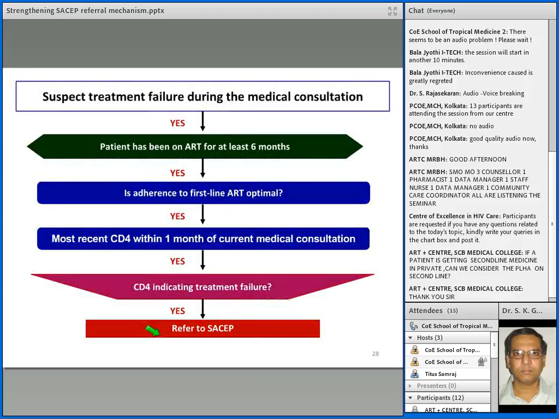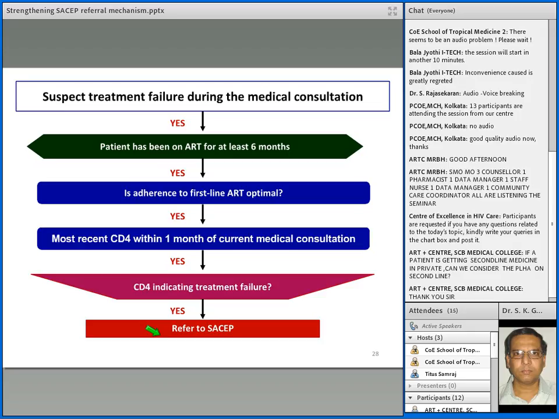So what you do at the ART center, the ART MO suspects treatment failure during the medical consultation each month when they drop in for collection of medicine. And if there is a suspected treatment failure, the next question that should come to your mind is whether the patient is on ART for at least 6 months. If no, don't consider treatment failure. It could be a case of IRIS.